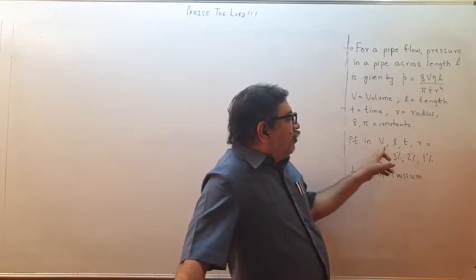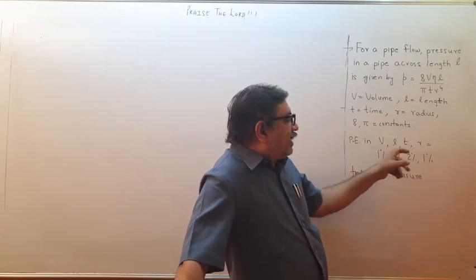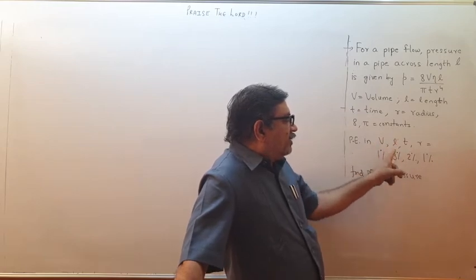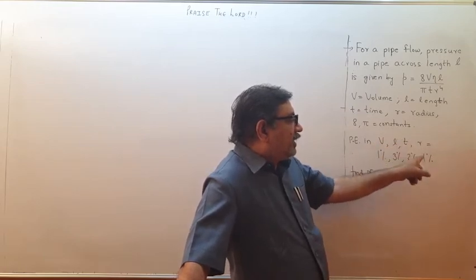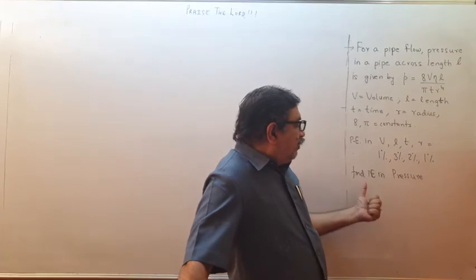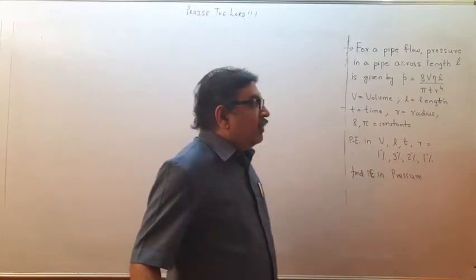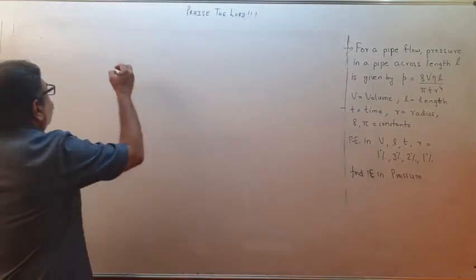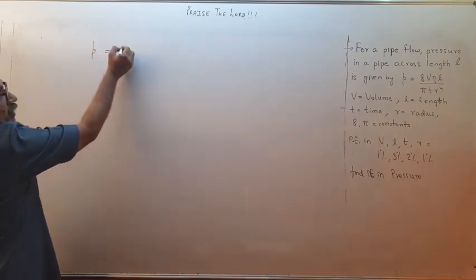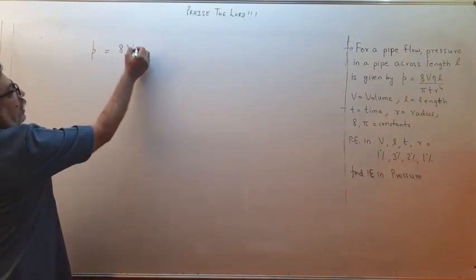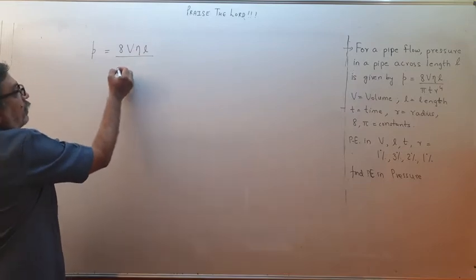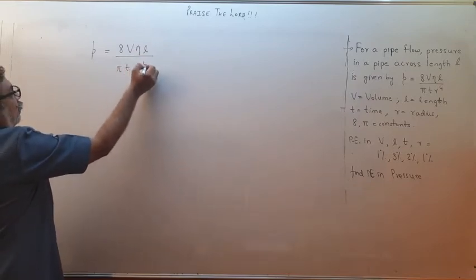Percentage errors in volume, length, time, and radius R are: volume 1%, length 3%, time 2%, and radius 1%. We have to find the percentage error in pressure. So what is the formula for pressure given to us? P is equal to 8 V eta L upon pi T R to the 4.